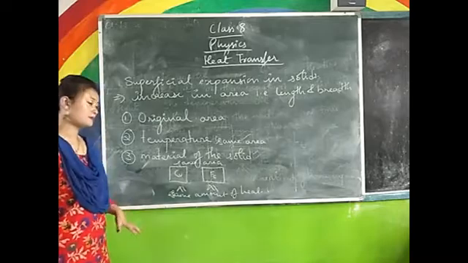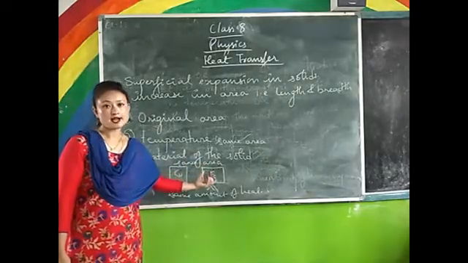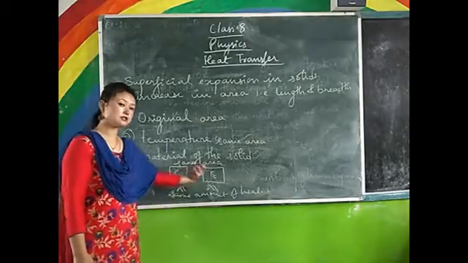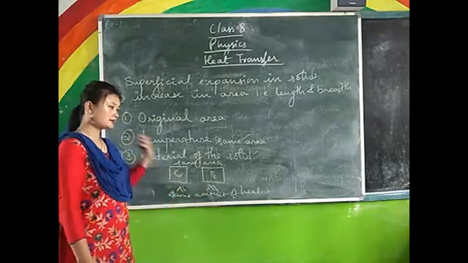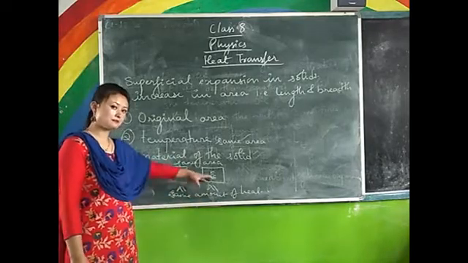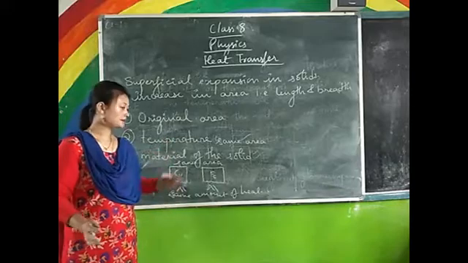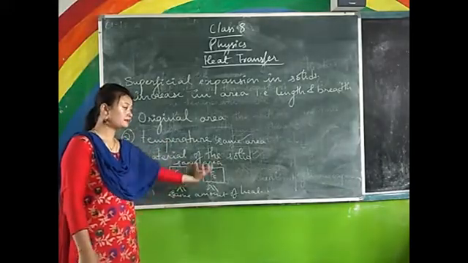Now, which one will expand more? Obviously, copper, because copper is a better conductor than iron. Thus, if they have the same area and the same amount of heat has been supplied, despite that, copper will expand more compared to iron, because they are different materials.